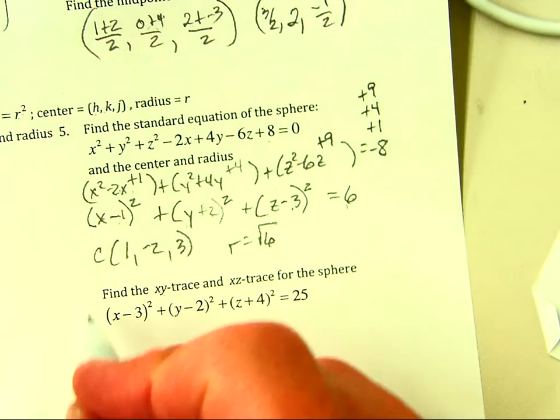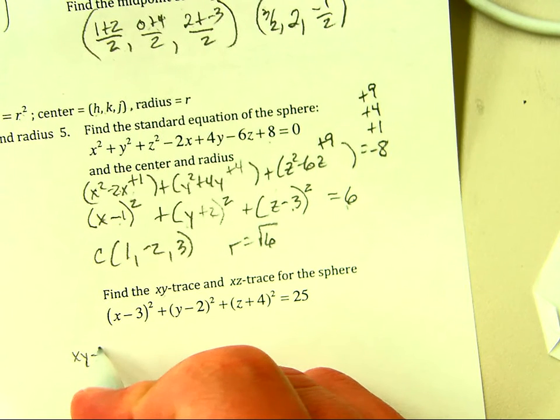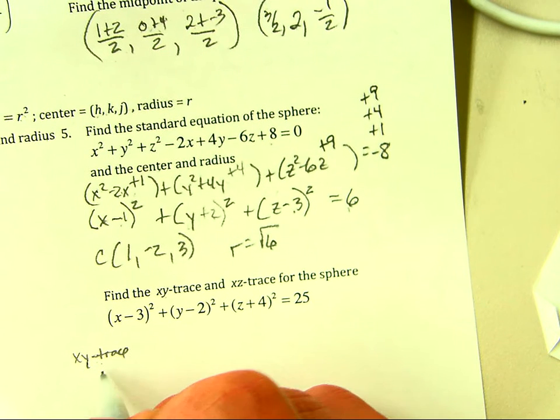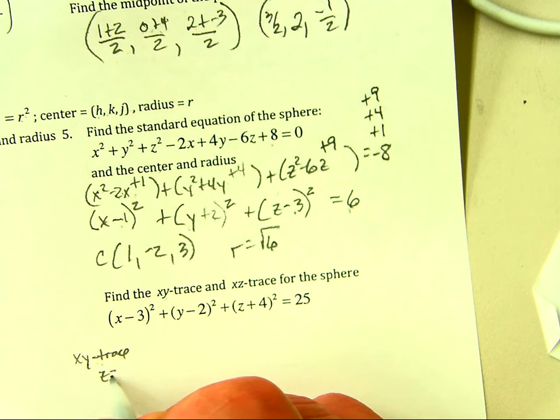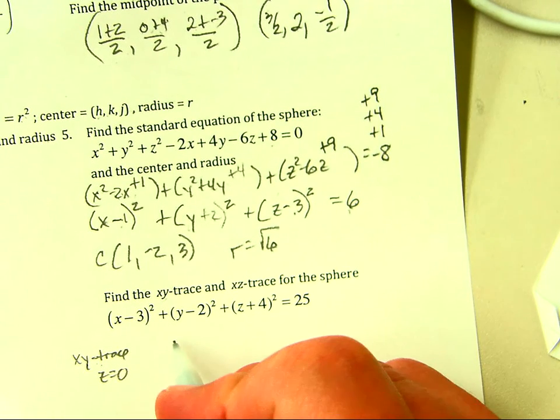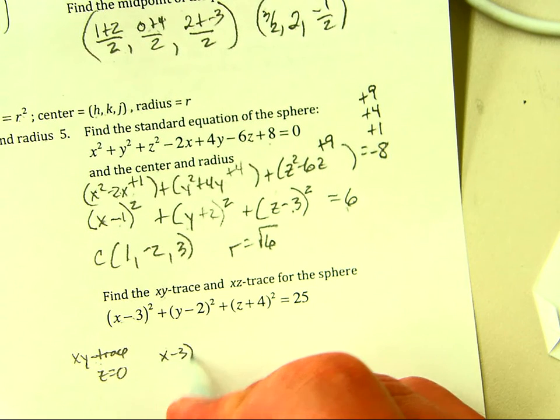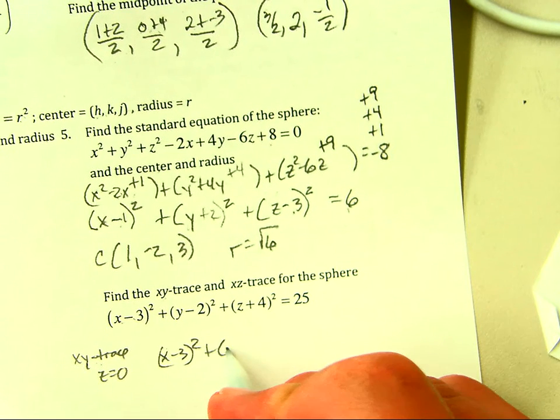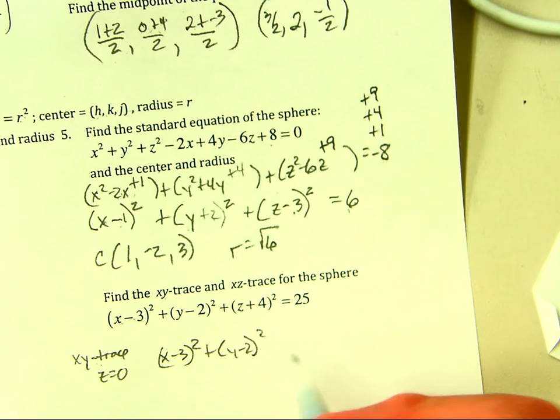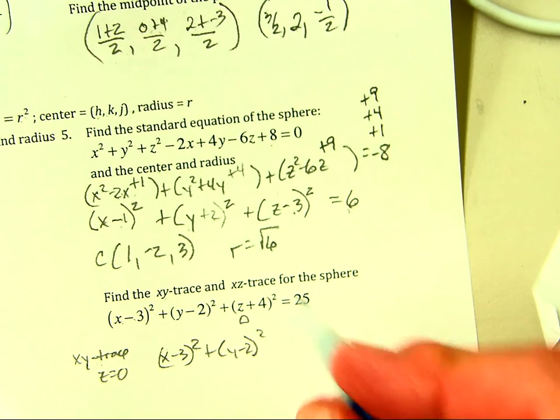So here, if I want to find an XY trace for this, we're going to put 0 in for Z. So we take this equation. I have (x minus 3) squared plus (y minus 2) squared, because those didn't change. Now for z, I'm going to put in 0.